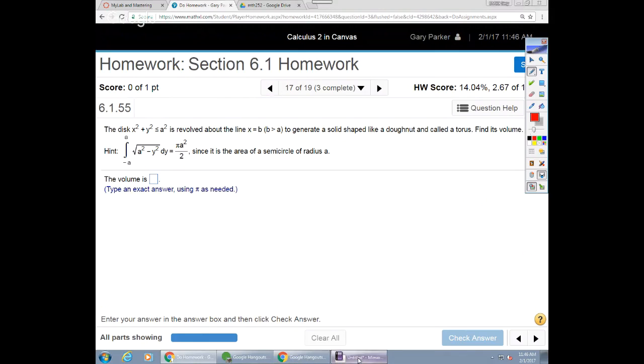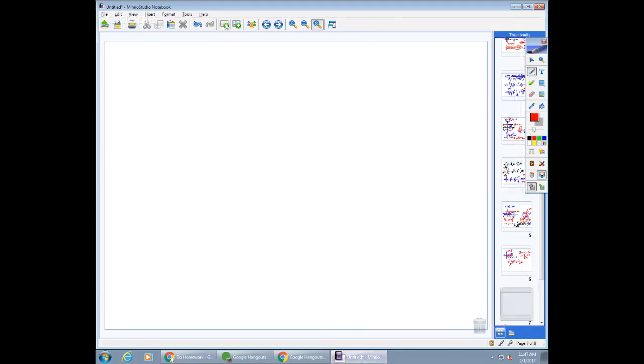So let's draw that. This one's fun. We are going to take a look at the graph of x squared plus y squared equals a squared. So if I say this is a up here, then a is about here on the x-axis.